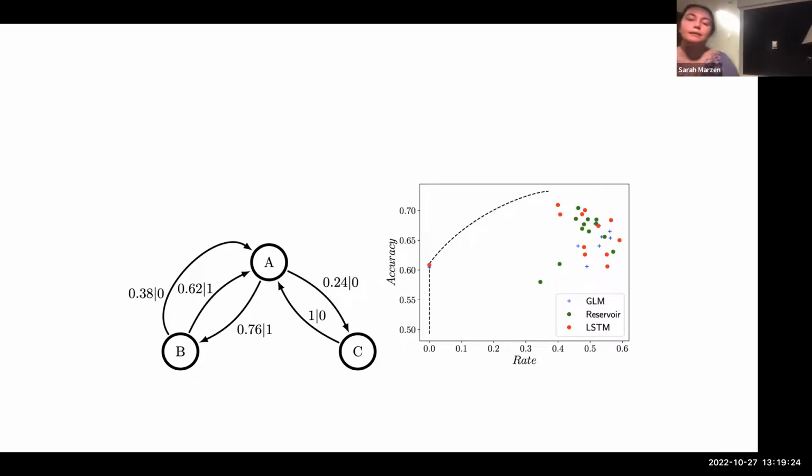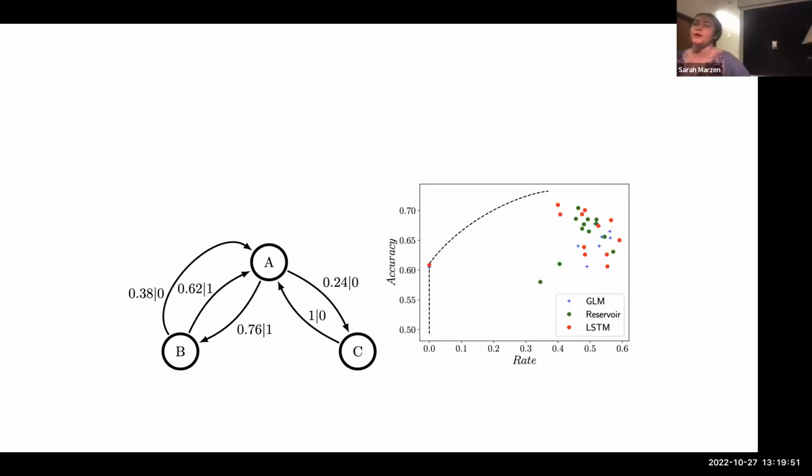Basically what's going on is that they're picking up information that is not that useful for prediction. Some of these states are more useful for prediction than others. For example, if you're in state C, this is incredibly useful, because if you know that you're in state C, you know exactly what's going to happen next. It's going to be a 0. But if you are in state B, it's not really clear what's going to happen next.